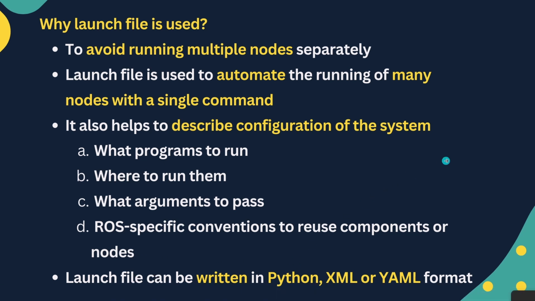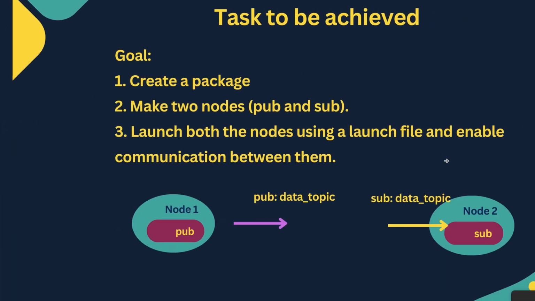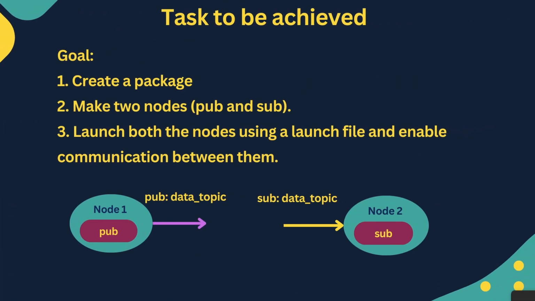And now to demonstrate that, the task we will be doing today is to create a package, and then we will make two nodes, pub and sub. The pub is the publisher node, sub is the subscriber node, and we will use a launch file to launch both of the nodes and enable the communication between them using just one launch file.